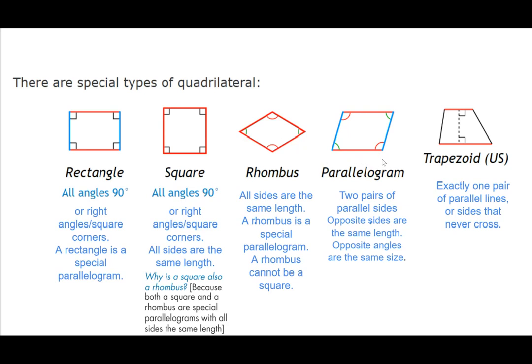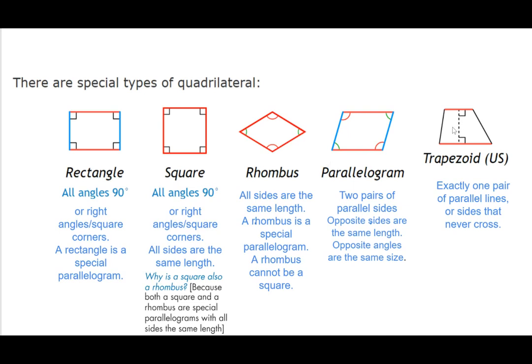A parallelogram has two pairs of parallel sides, they are opposite sides, the same length, and the same size. Okay, so you could say a rectangle is also a parallelogram. A square is also a parallelogram. A rhombus is also a parallelogram.